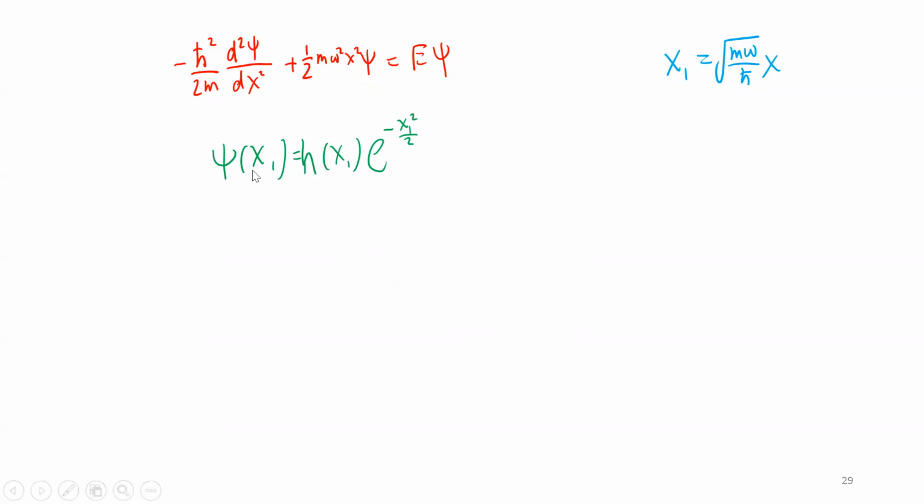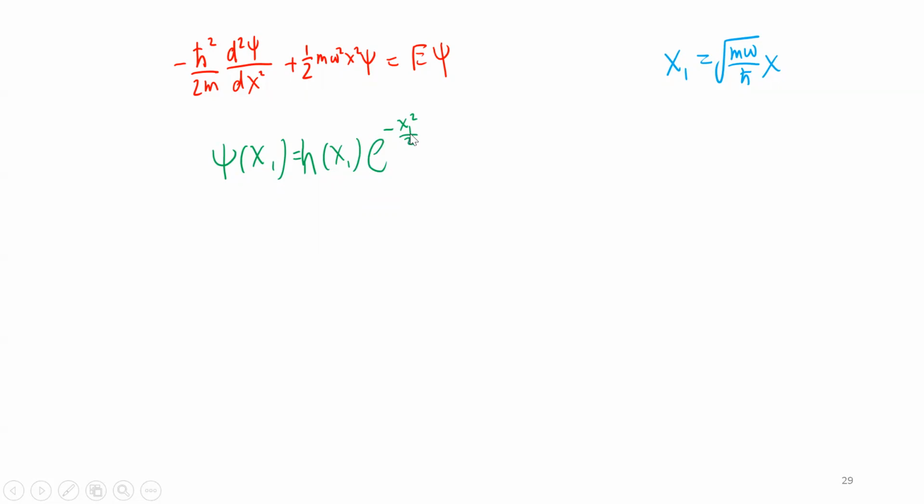If you let your solution take this form, and then put this back into the original Schrodinger equation, h of x1 is something that you don't know what it is, and you want to find out what it is. This Gaussian term basically has this decay behavior as x goes to a large number.